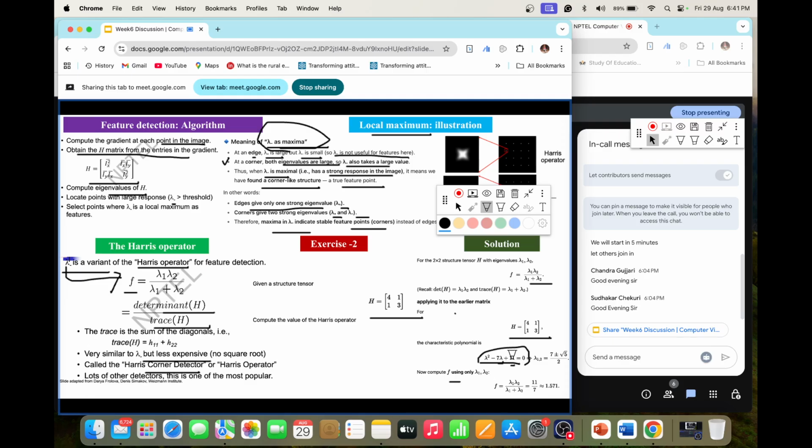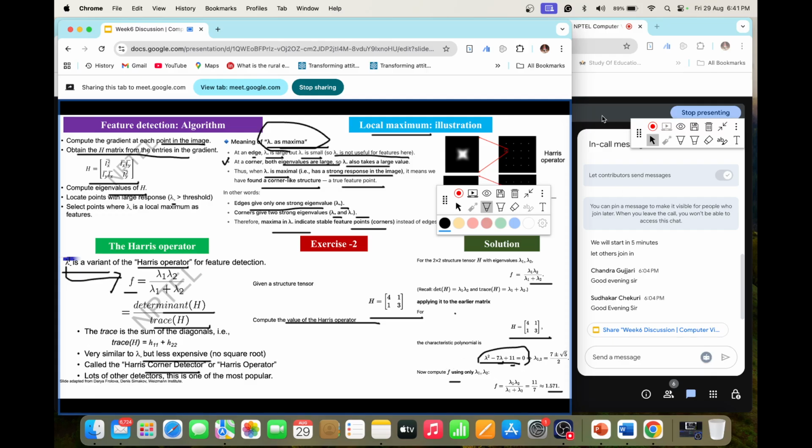So lambda 1 into lambda 2 will be 11 by 1, and lambda 1 plus lambda 2 will be minus b by a. So minus of minus 7 will be plus 7 by 1. So 11 by 7 is 1.571. So the value of the Harris operator is 1.571.